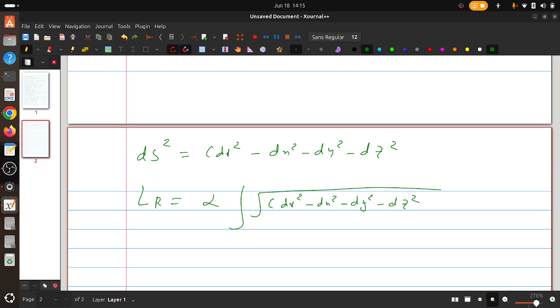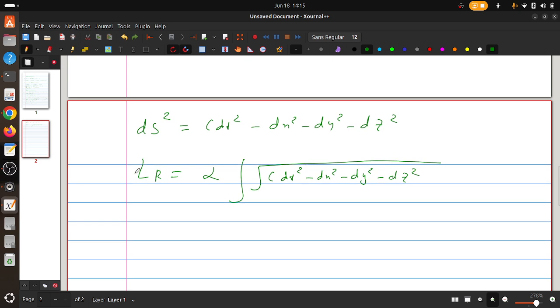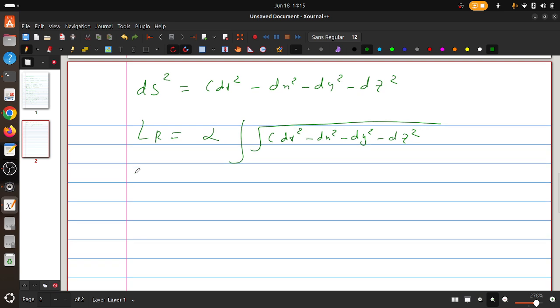Okay, cool. Now what else do we know from here? Instead of writing this one, we can simply take out the dt, so that the integration will be in terms of dt.